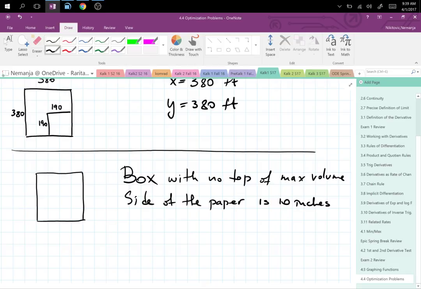Well, yes. Very good. So we are going to cut a square in each corner. You cut those squares out and you throw them away.